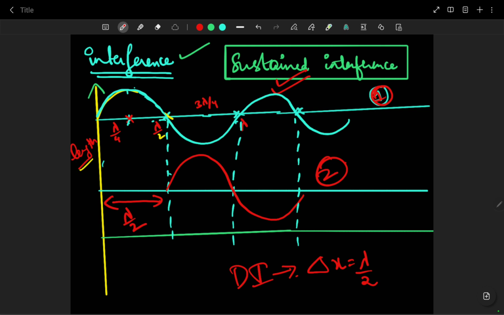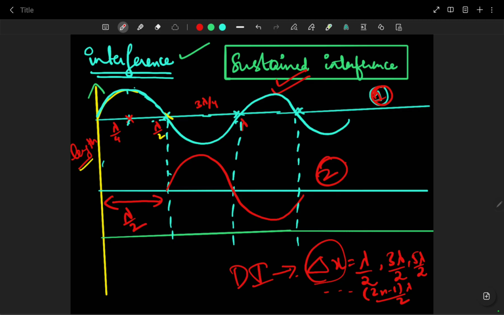This is the condition for those dark spots that you have seen in the screen simulation that I've shown you on interference. So for destructive interference, this is going to be the pattern. It can be lambda by 2, it can be 3 lambda by 2, it can be 5 lambda by 2, so on and so forth up till (2n minus 1) lambda by 2. I want you to understand all this is path difference, because delta x is the path difference.